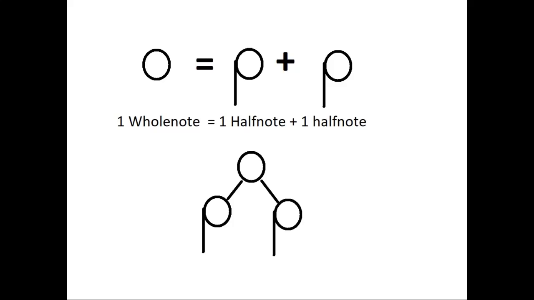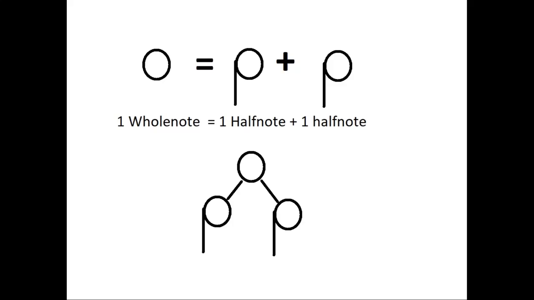Now the note in the top left-hand side is represented by a circle, and that is called a whole note. And we see that one whole note is equal to 1 half note plus 1 half note. Now a half note is written by the same circle as with the whole note, except it has a stem going down the left-hand side of the note.